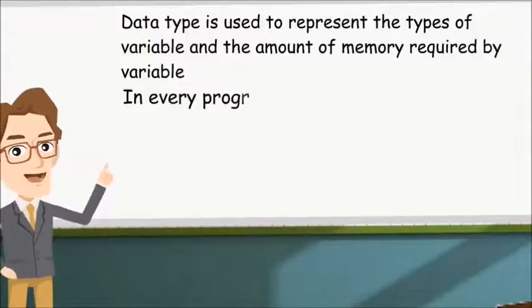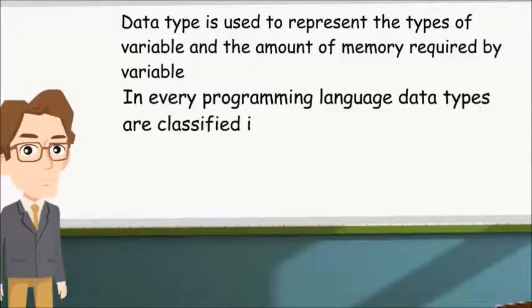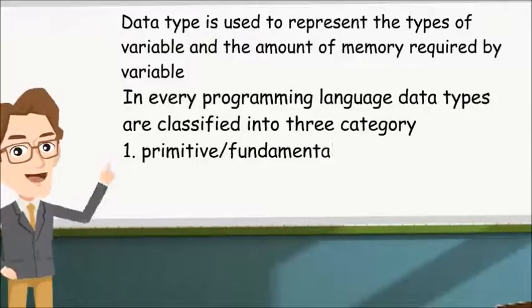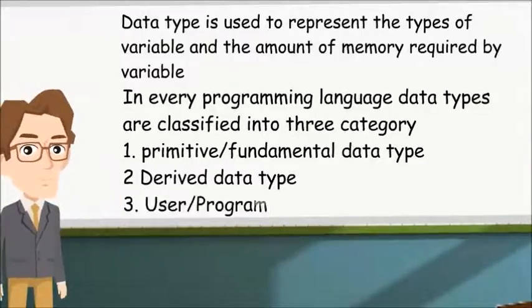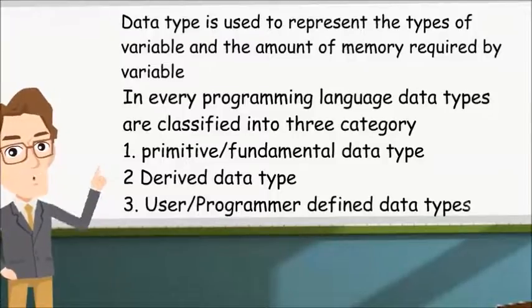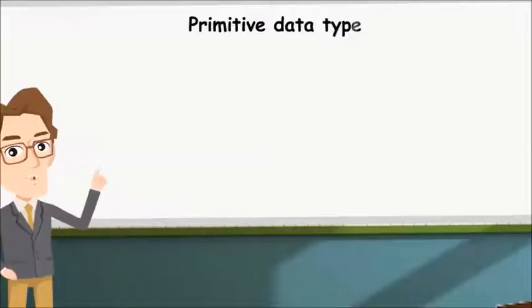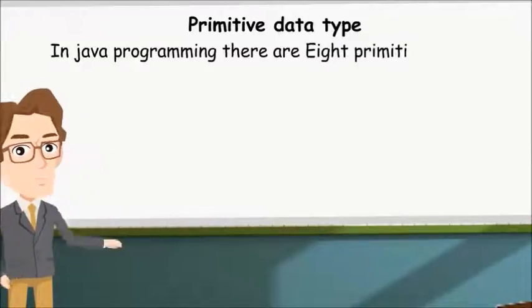In every programming language, data types are classified into three categories. First, primitive or fundamental data type. Second, derived data type. And third, user defined data type. So now I will explain the primitive data type. In Java programming, there are 8 primitive data types.